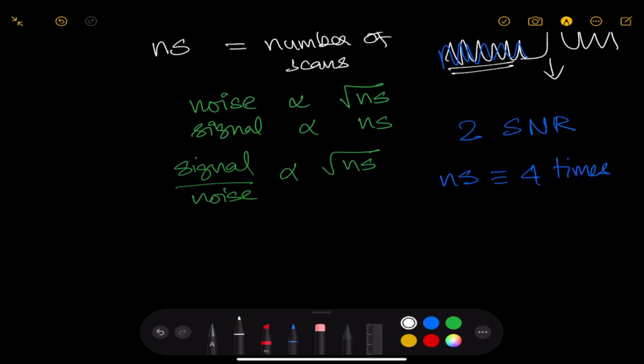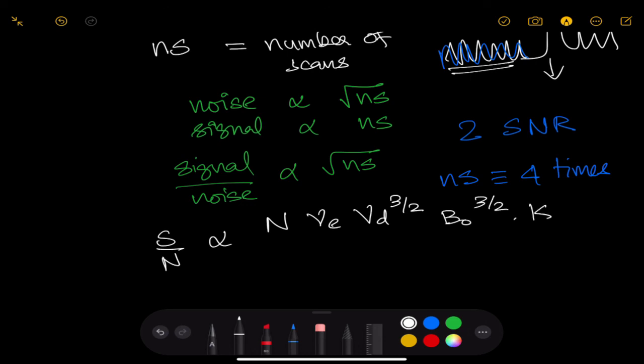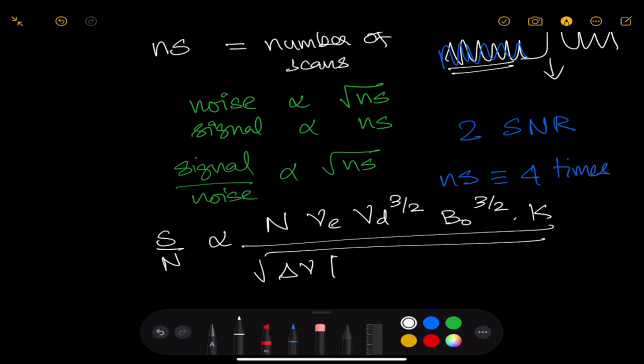And if I would recollect the signal to noise ratio that was introduced to you, it's directly proportional to n, gamma e, gamma d to the power 3/2, B naught to the power 3/2 times the filling factor k, the whole divided by delta nu, and then a bunch of temperature and resistance parameters, which I'm not going to be writing right now.